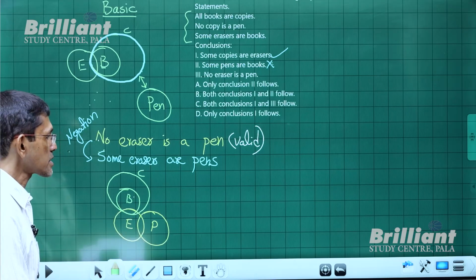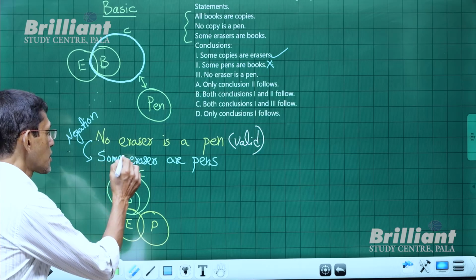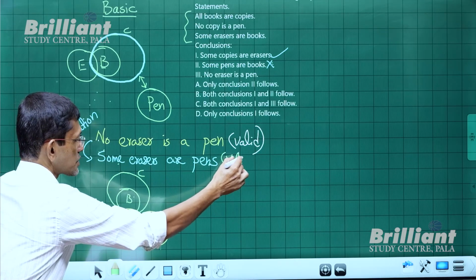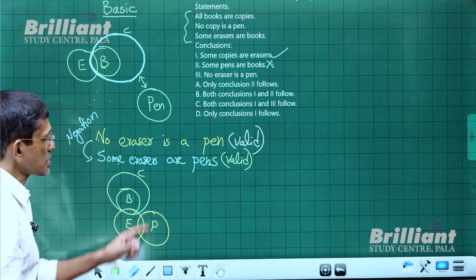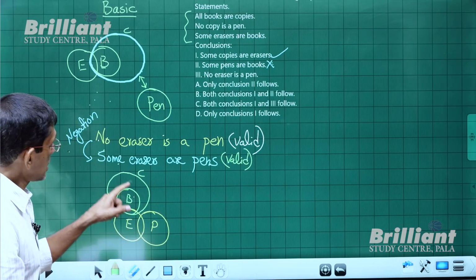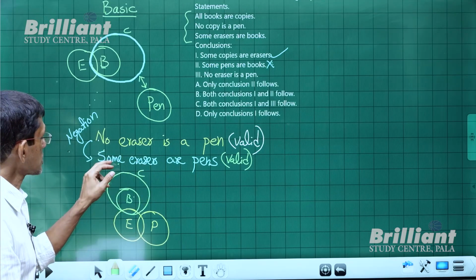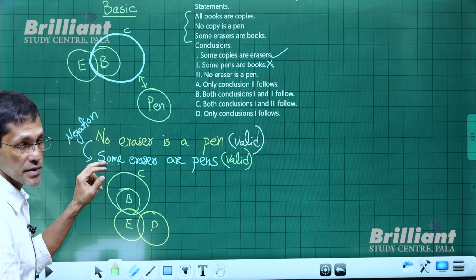If the new diagram exists, and the new diagram is drawn based on the negated conclusion, then the negated conclusion is valid. If the negated conclusion is valid for the new diagram, then the original conclusion is just the opposite of that. This is positive, this is negative, right?